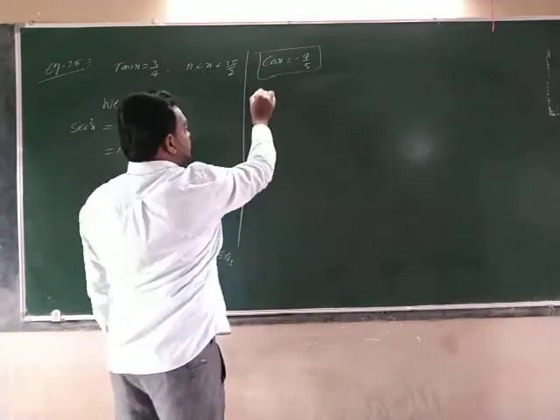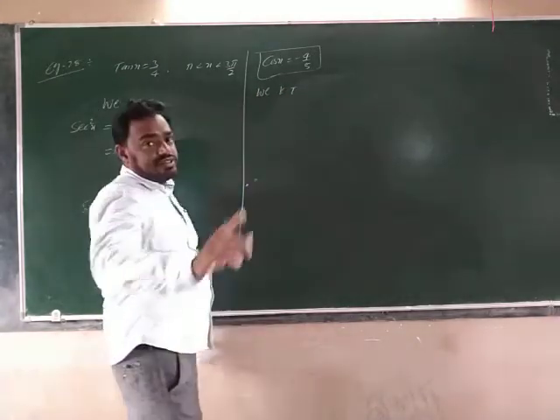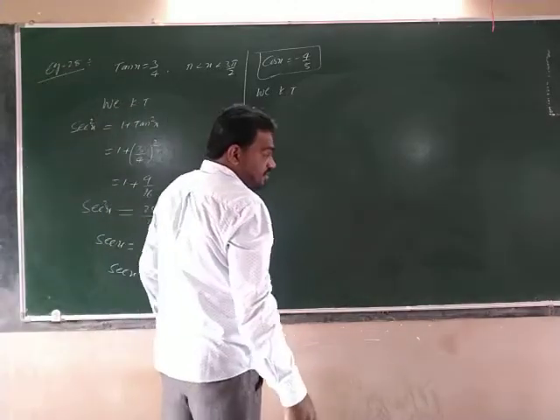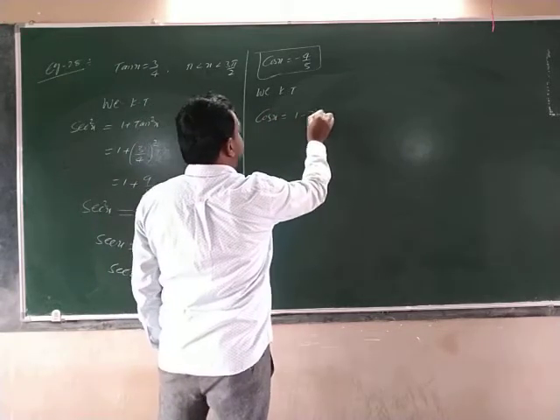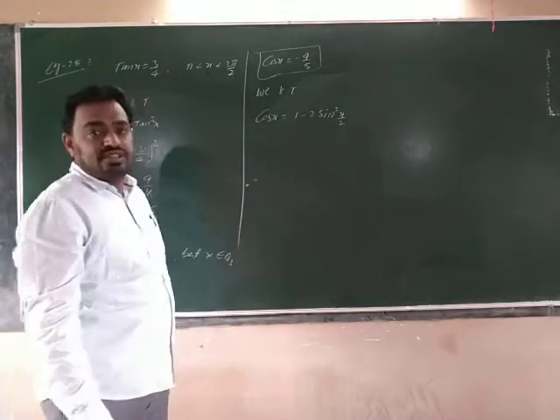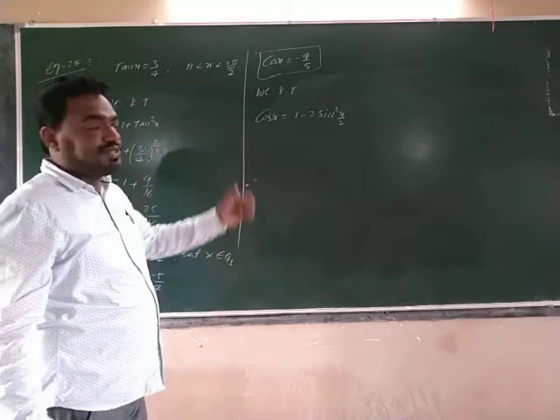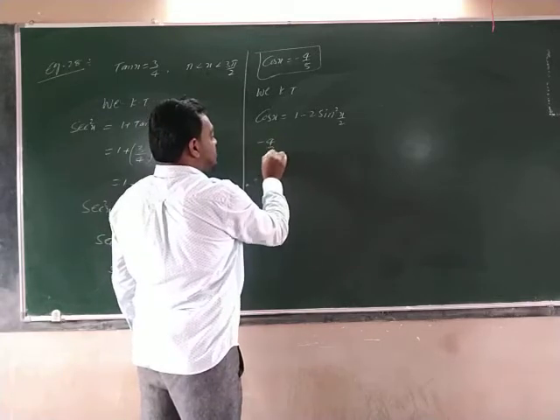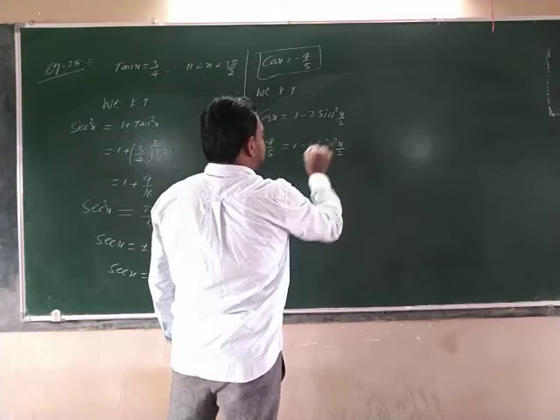We know that trigonometry completely depends on the formulas. Without knowing formulas, we can't do anything. From the submultiple formula, cos x is equal to 1 minus 2 sin square x by 2. So cos x, minus 4 by 5, is equal to 1 minus 2 sin square x by 2.